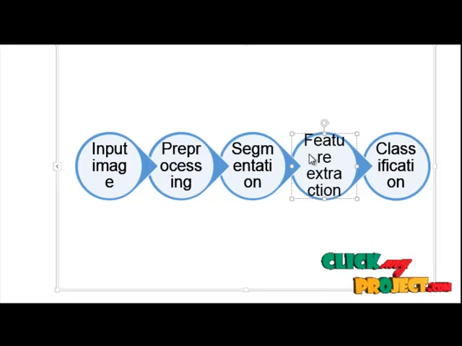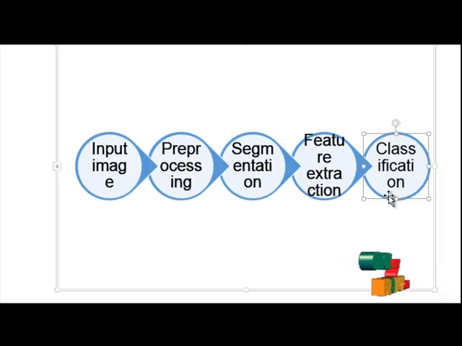Then the next one is the classification process. In classification also we use two methods, SVM and neuro-fuzzy ANFIS. In this we classify whether the image is affected or non-affected using the SVM, support vector machine classifier.